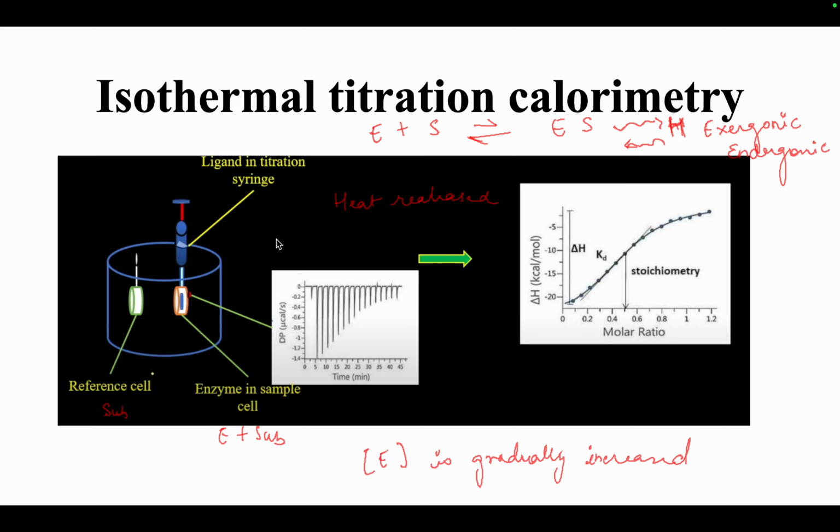This isothermal titration calorimetry has a probe to measure the heat, and this measured heat is plotted on the y-axis, either against time, like how the stoichiometry is changing along with the time, or against the molar ratio. With this we can also calculate Kd, that is the dissociation constant.